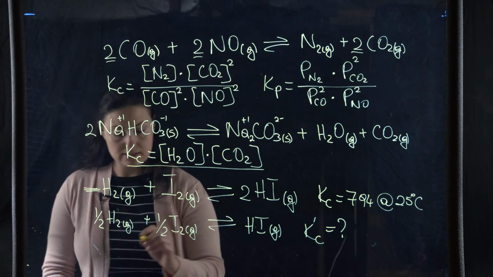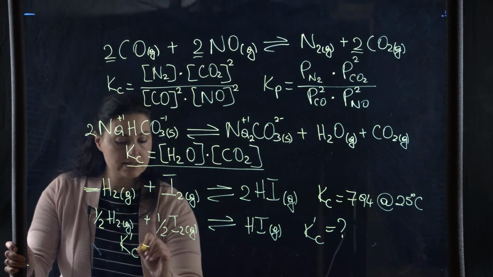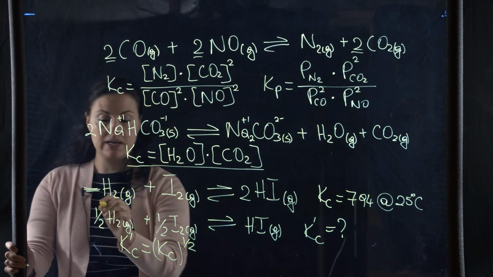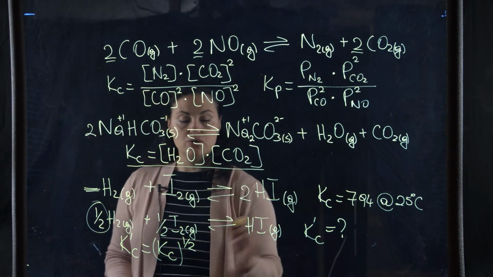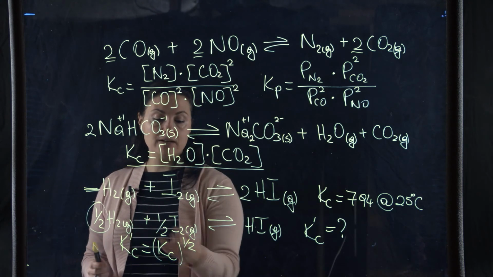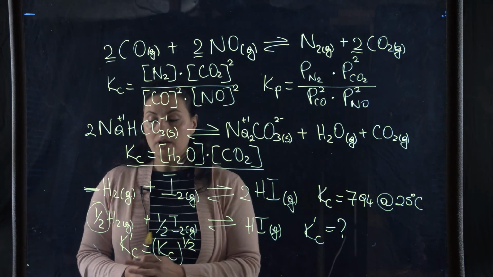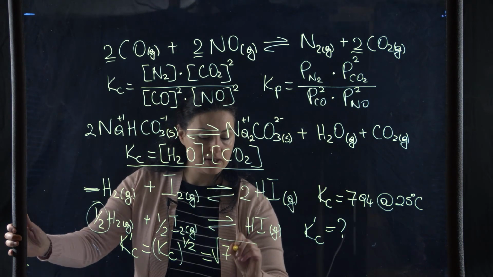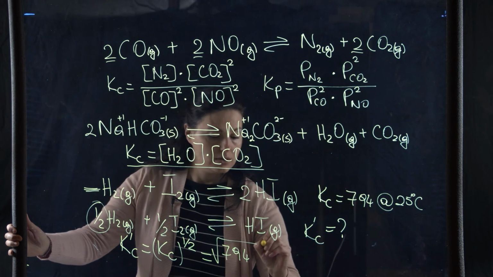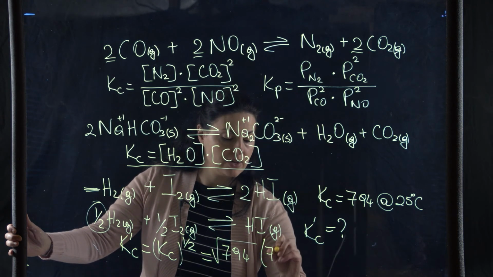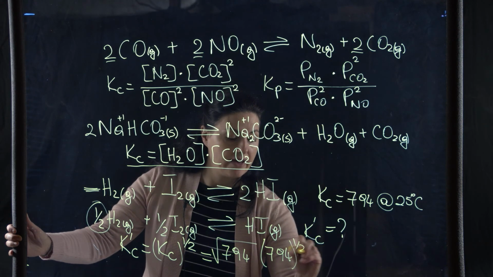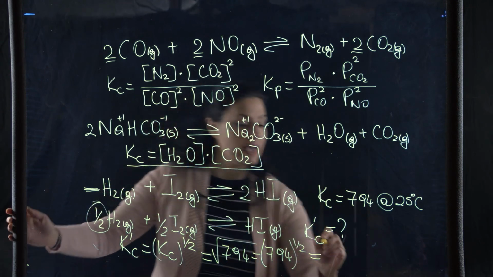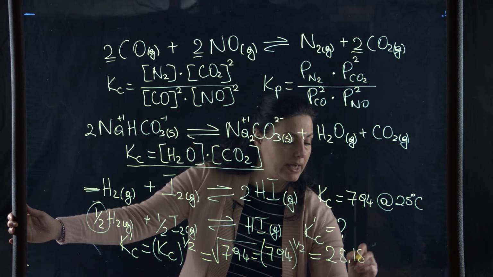So in this case, my K prime C is equal to my old Kc raised to the 1/2 power, because that is the number that I used to divide. I divided by 2, meaning 1/2. And basically all I have to do is take the square root of 794, which is the same thing as 794 raised to the 1/2 power. And this gives me 28.18.